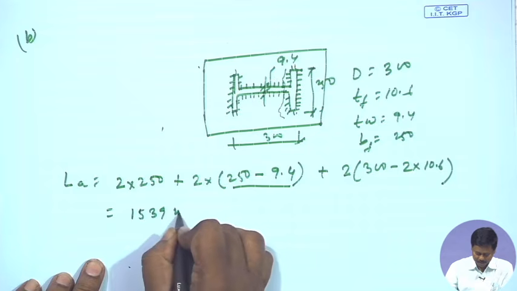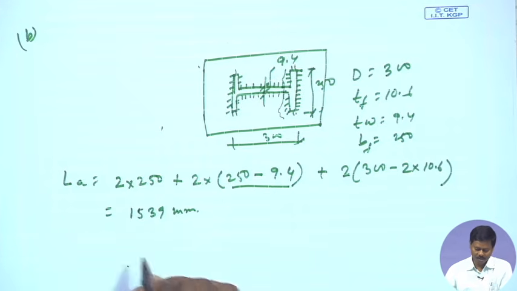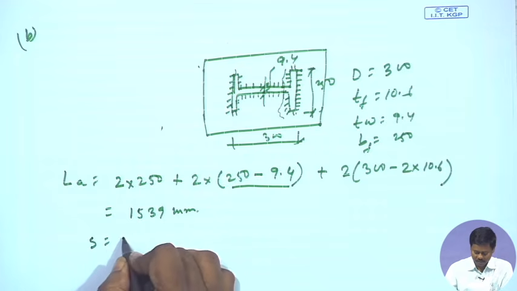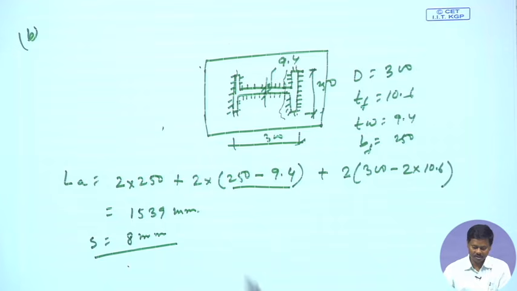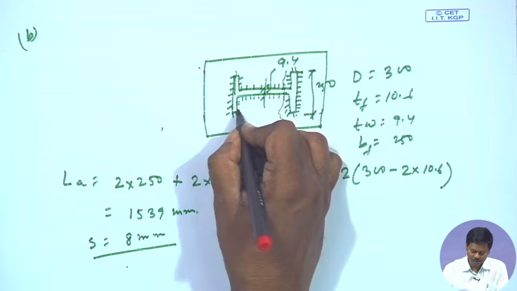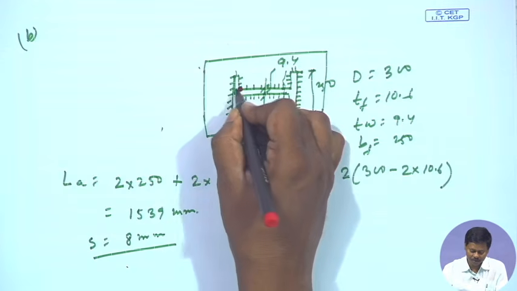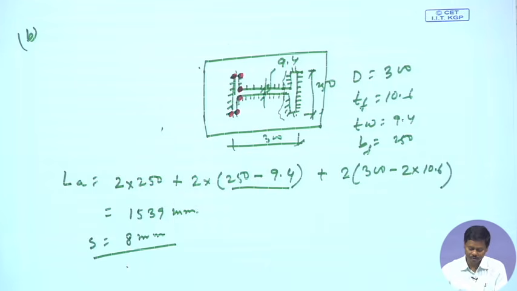So, from this data we could see that available length is 1539 mm, and if we provide, say, size of the weld 8 mm, we will see whether this is sufficient or not. And here we could see the total end returns are 12, 4, 5, 6 into 2, 12.